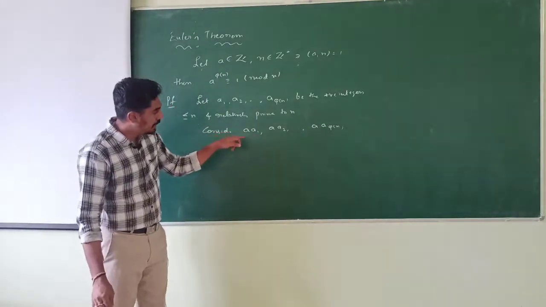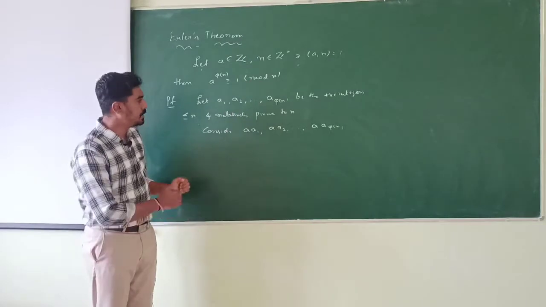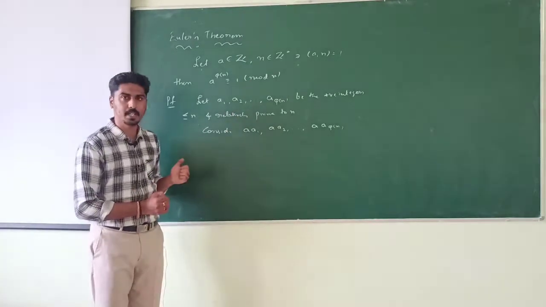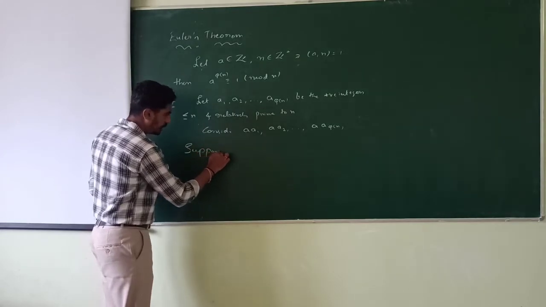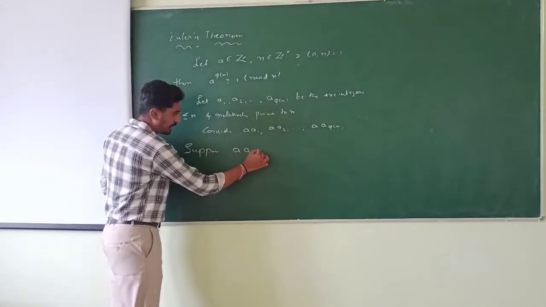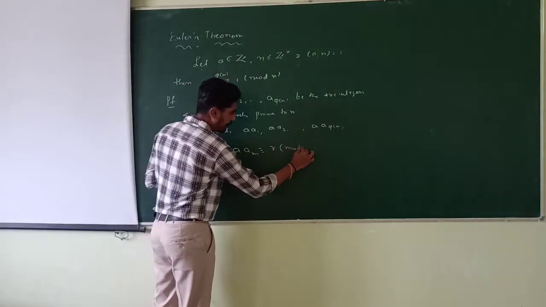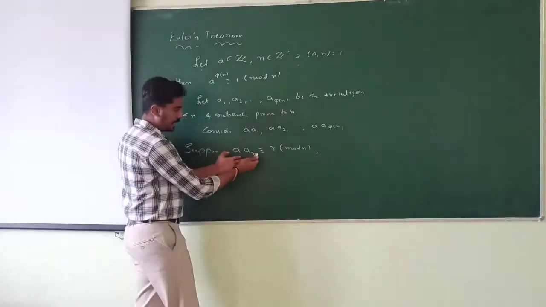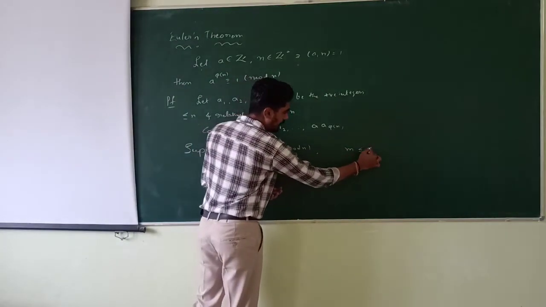Now when I divide these integers by n, let us see what remainder I am going to get. Suppose a times am is congruent to r modulo n, where m is an integer between 1 and phi n.